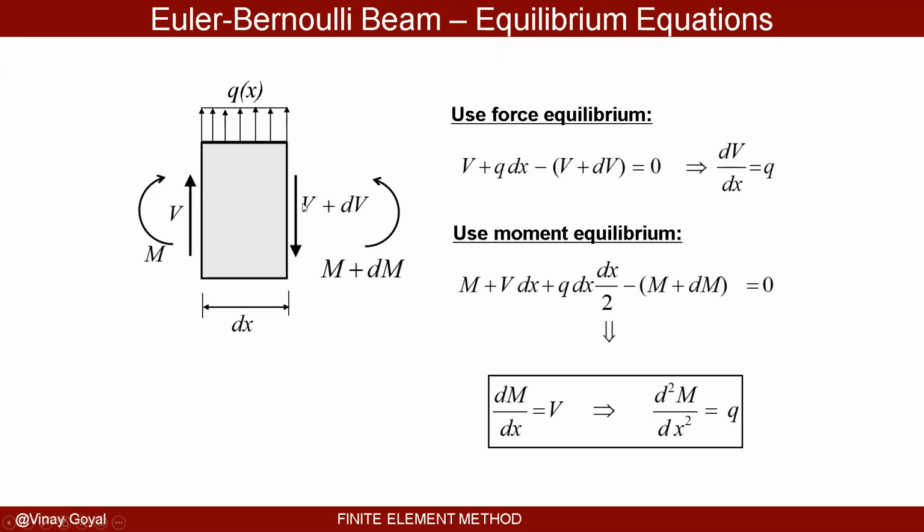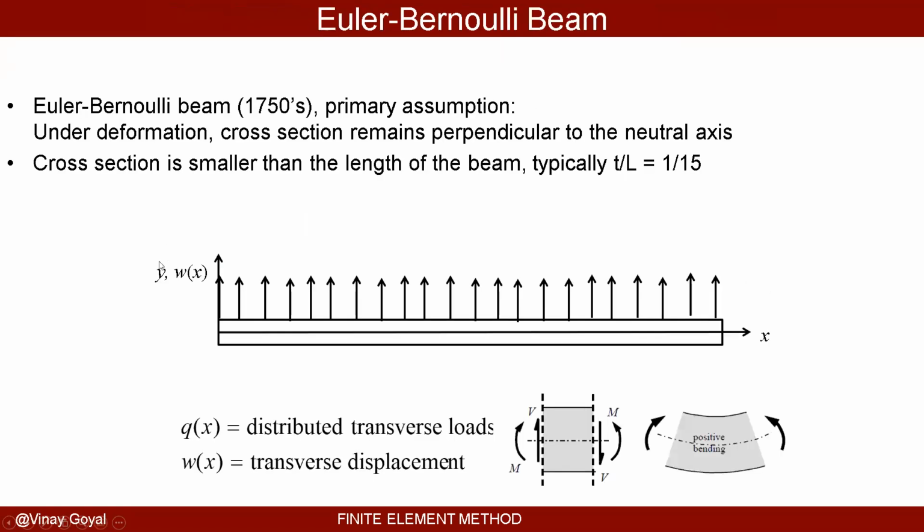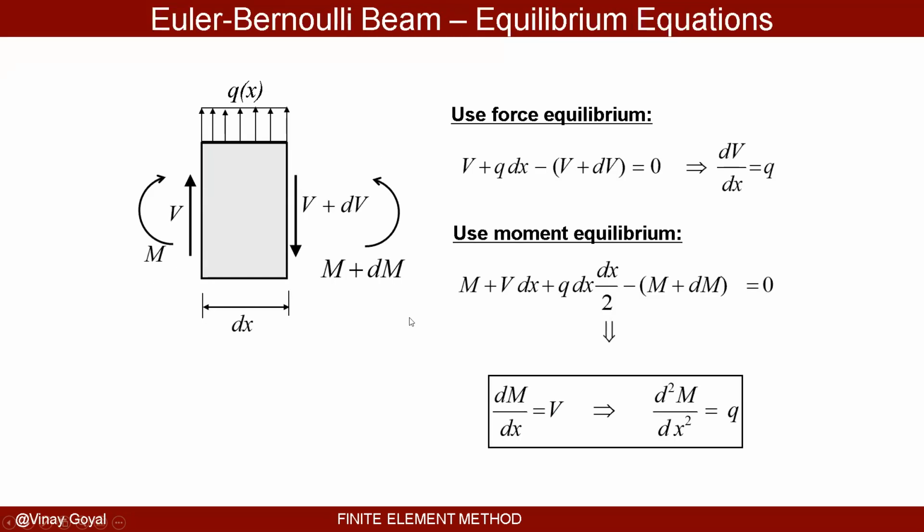So we can apply equilibrium, using mechanics of materials principles, or statics and strength of materials. Here I'm using equilibrium by adding forces in the vertical direction, and my coordinates are such that y is the vertical direction, x is the axial direction, and z is out of plane on this page.